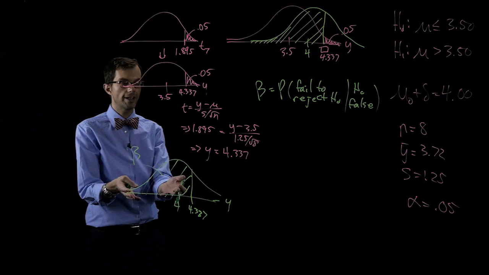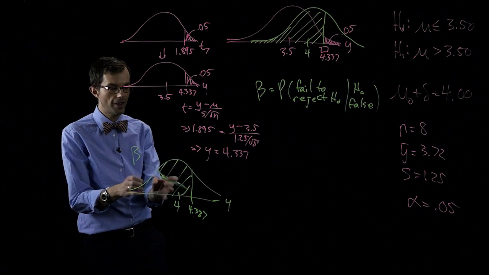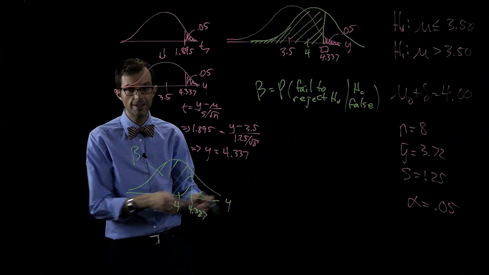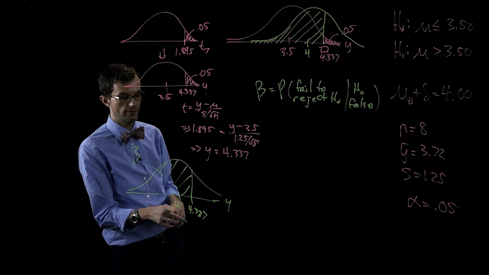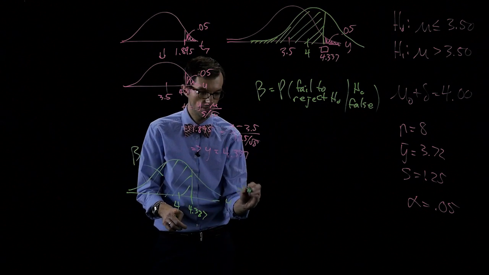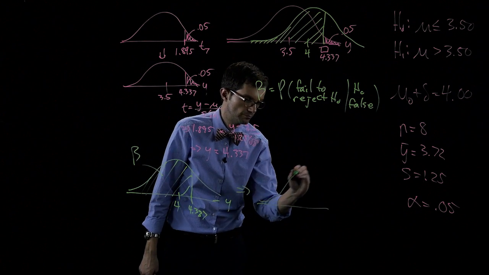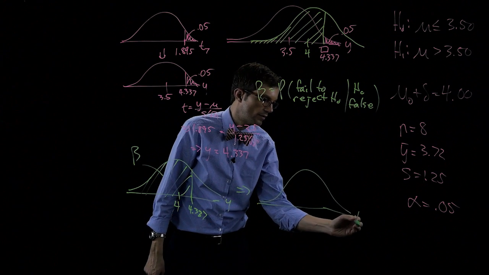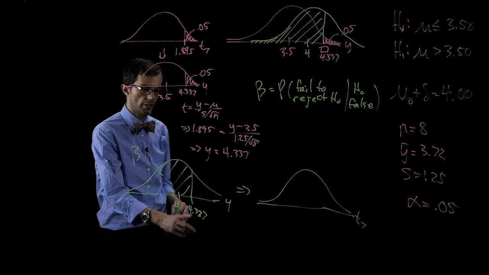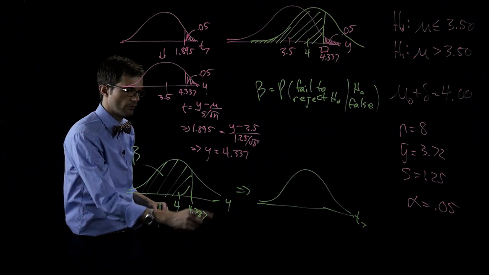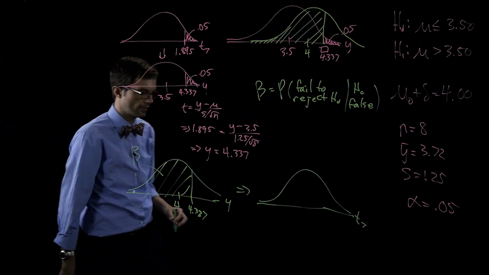This is, again, straightforward to do. All we have to do is convert this to a t distribution. So let's do that over here: t, 4 degrees of freedom, 7. We're going to convert this to a value on the t-axis and find the area.